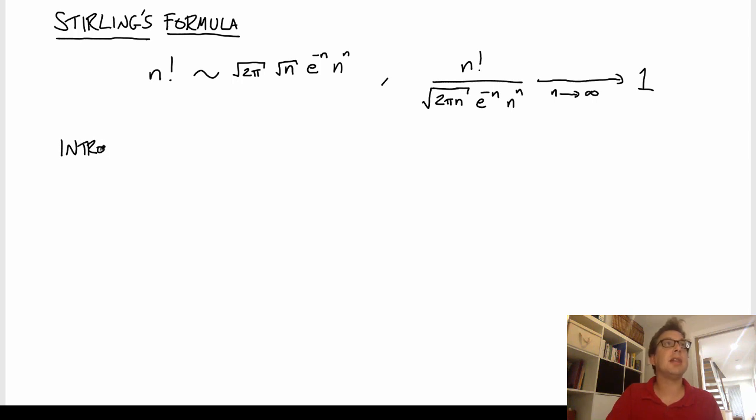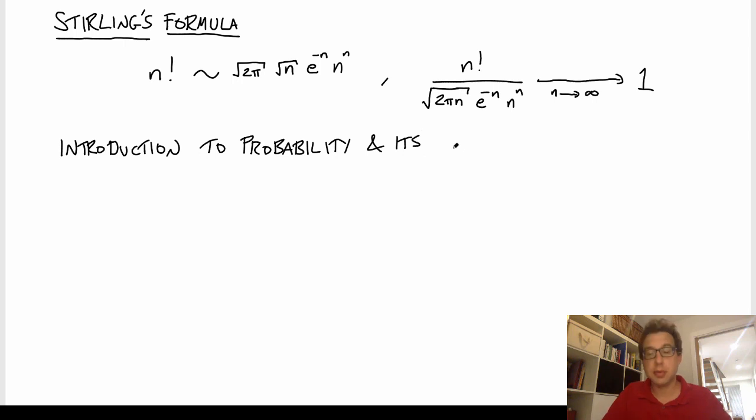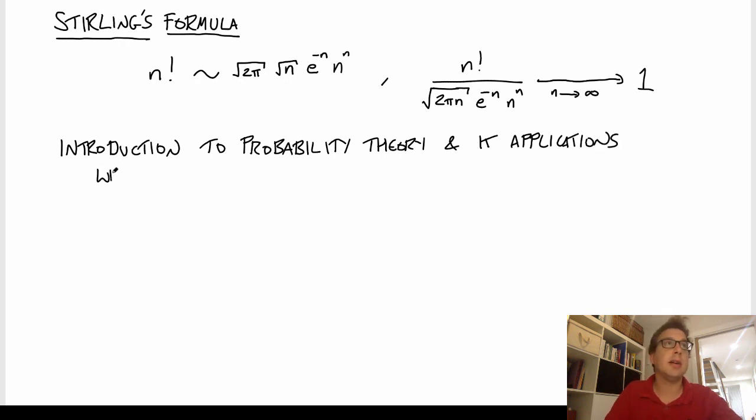If you want to check out a proof of it, you can check the book Introduction to Probability Theory and its Applications, by William Feller.